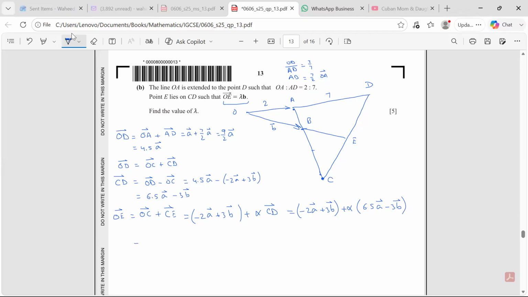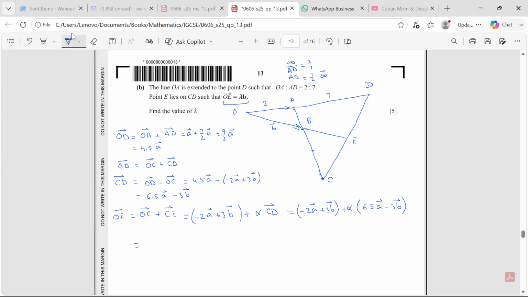I hope I'm not confusing you. You can see that for every new point, I'm trying to find its value from O. So I made this point D so that I find OD first, then I find CD, and from CD, I will get OE. You can see all the steps here.